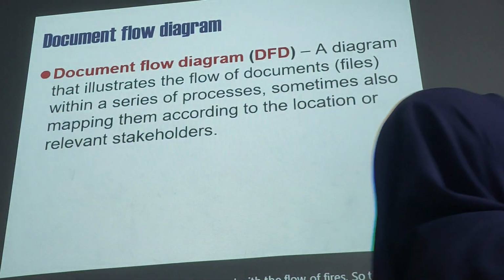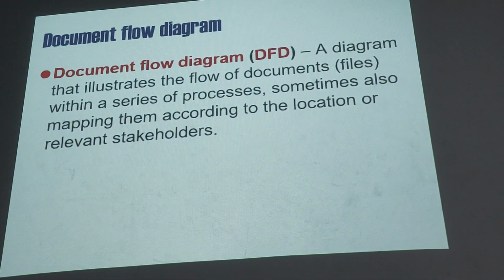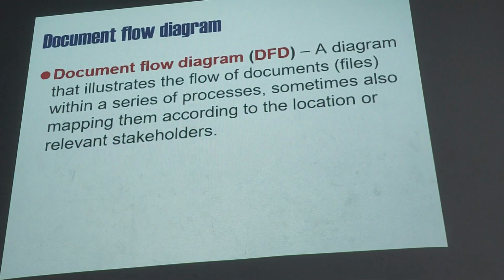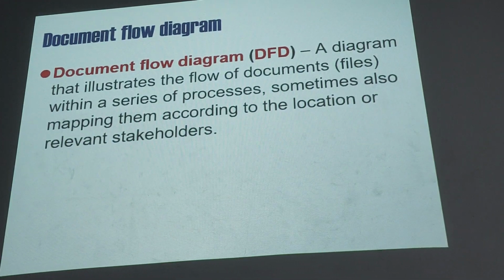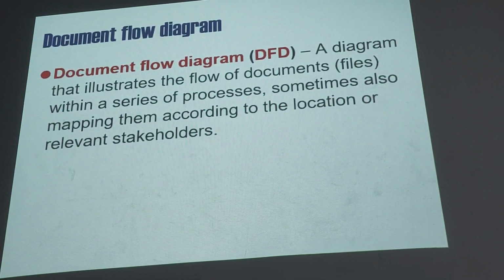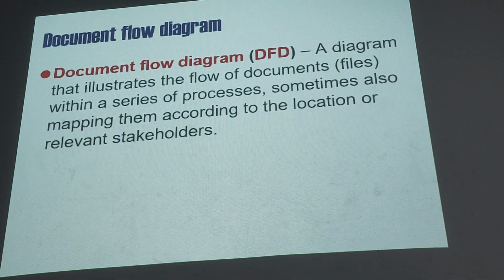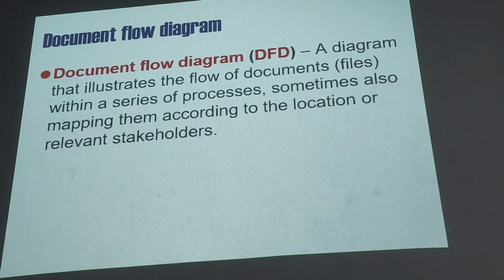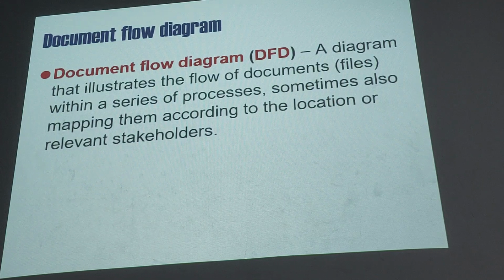If in data flow diagram we have this one, data in the database, and then process, and output. And process is the algorithm. And data and process.